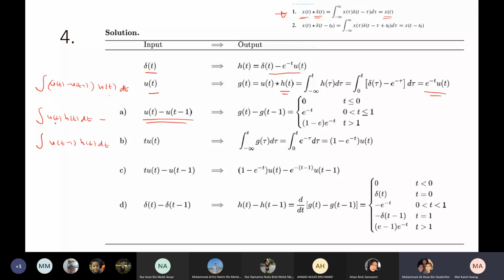If the convolution of u of t with h of t is this, based on this calculation, therefore if you have a shifted, delayed one, the output is also delayed. You delay t minus 1. Okay.